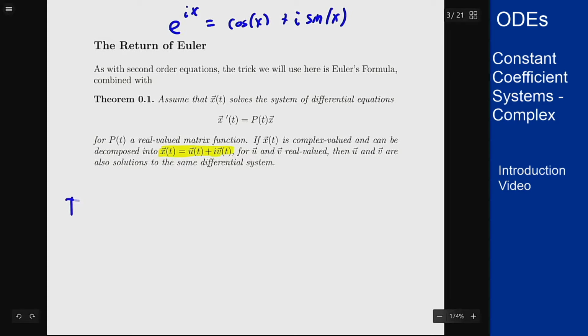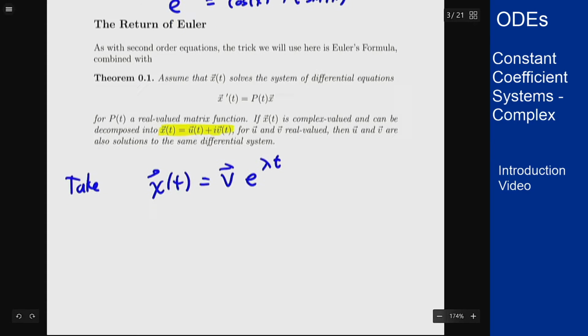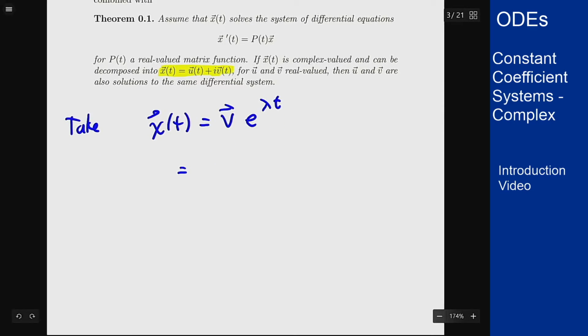We take our solution that we found as v times e to the lambda t, where v and lambda are both complex, and we want to split this into real and imaginary parts. Now, I have to be careful with this as they're both going to be vector-valued solutions here. So I'm going to want to actually write out what the vector is and write out what e to the lambda t is.